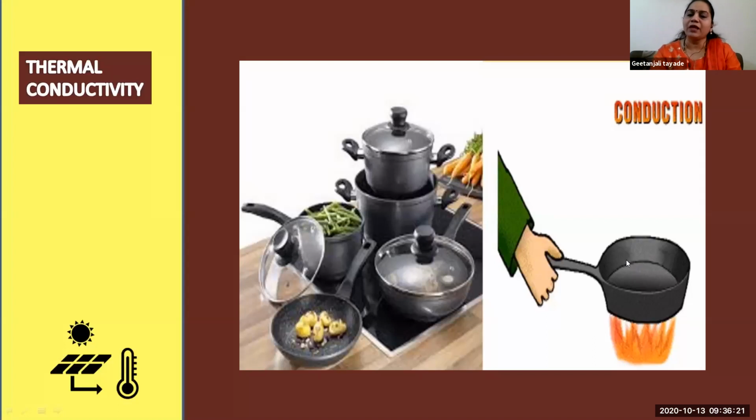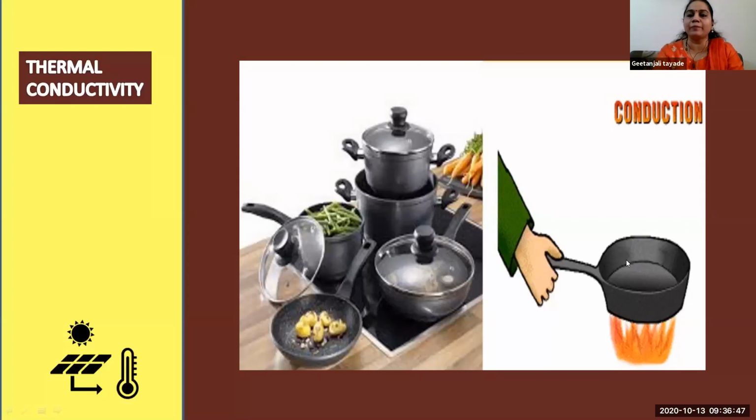Yes, previously, before the invention of metals, long ago, people were using soil pots only for the cooking purpose. But after the invention of metal, we are using metals only because it reduces our time, our electricity, our gas, so everything gets reduced. So we are using aluminium, steel or iron pots for cooking, and they are very good thermal conductors also.